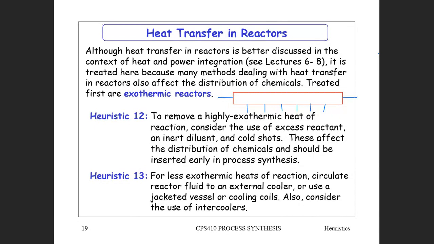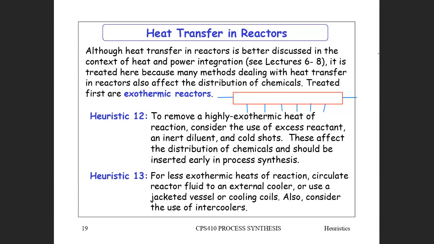That would be a hot stream coming out there. But doing it this way will be different compared to using a whole lot of nitrogen as your feed to prevent the thing getting too hot. So what you see here in heuristic 12, highly exothermic, you don't even try to use indirect heat transfer.